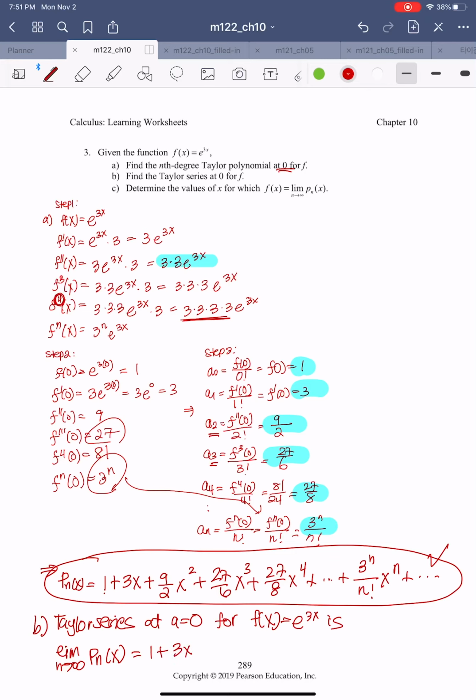You just have to take the limit. Very simple. Once you come up with a Taylor polynomial, the Taylor series is just taking the limit of our function.